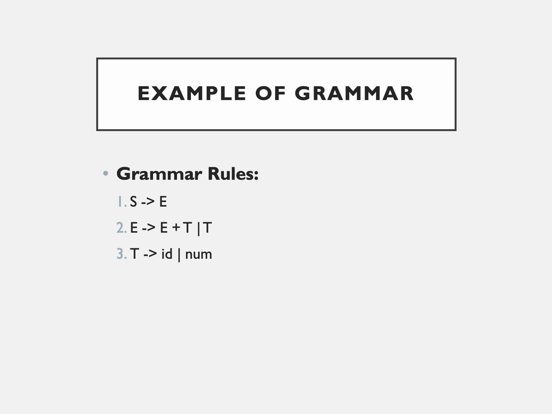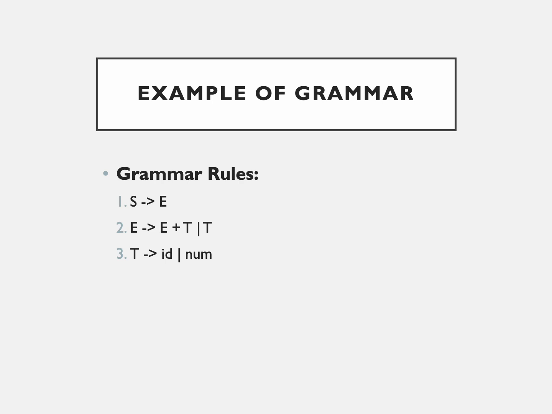Okay, now let's look at an example of grammar, which is essential for defining the syntax of a programming language. Here we have a set of grammar rules. First, we have S pointing to E. This means the starting symbol S can be replaced by the non-terminal symbol E. Every derivation will begin with this rule.